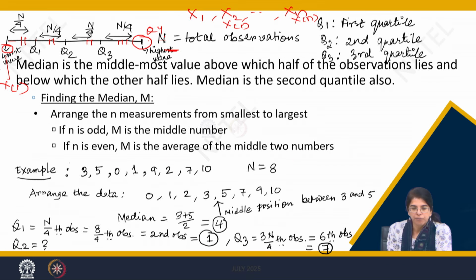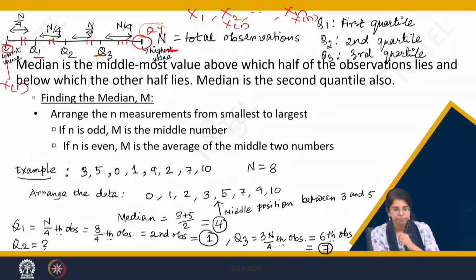Q1 is the first quartile, Q2 is the second quartile and the third quartile is Q3. Q4 is itself the highest value. So, even if I write fourth quartile, that means it matches with the highest value, clear?